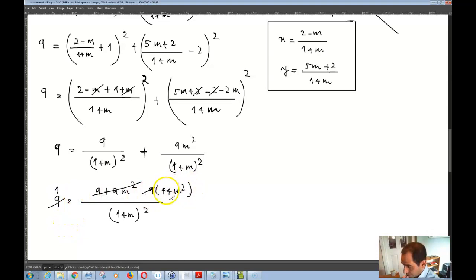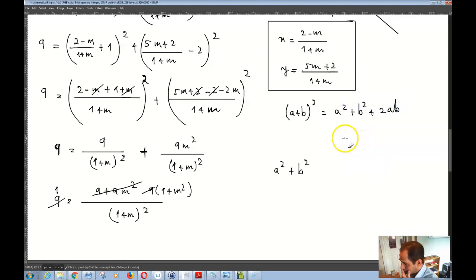And so 1 plus m squared is equal to a squared plus b squared, right? So that is a squared plus b squared. You know that a plus b whole squared is equal to a squared plus b squared plus 2ab.